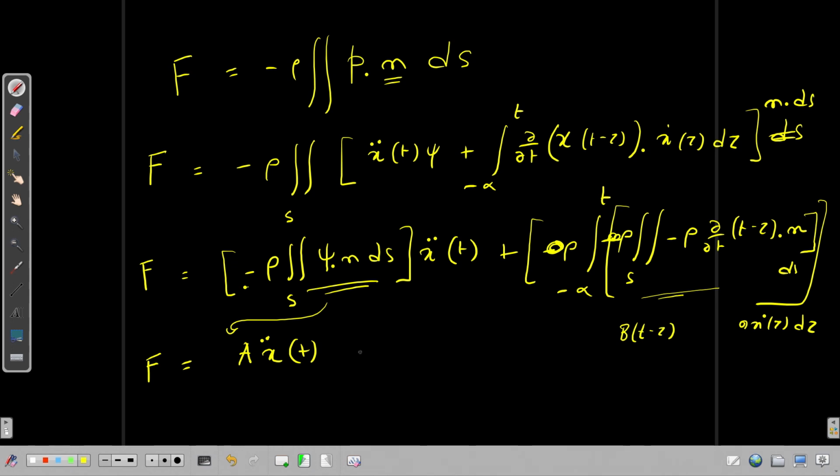Therefore, for the second term I can write minus infinity to T, B of T minus tau into x dot tau into d tau. So, this force I am writing in terms of added mass and damping. This term is related to the damping and this term is related to the added mass. This force is called the radiation force.